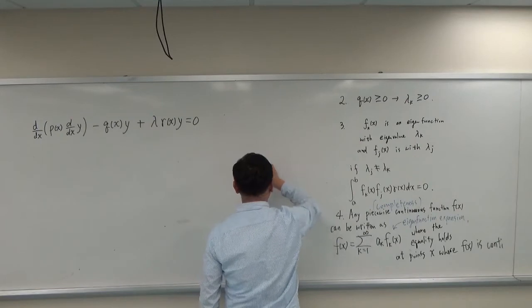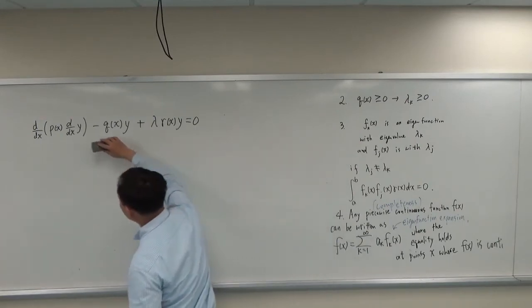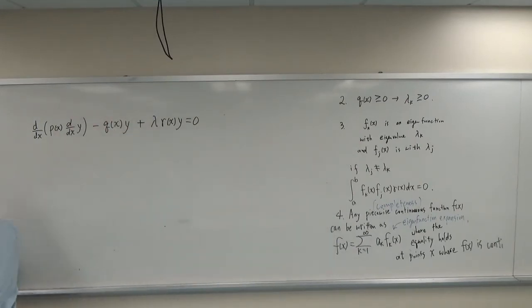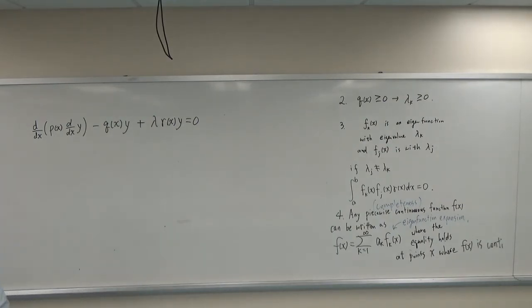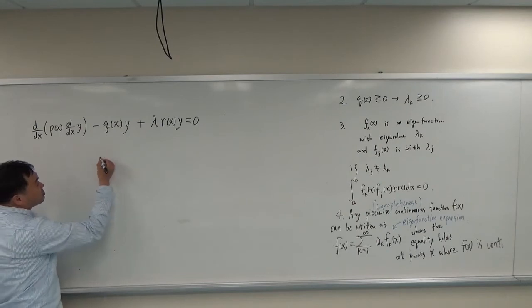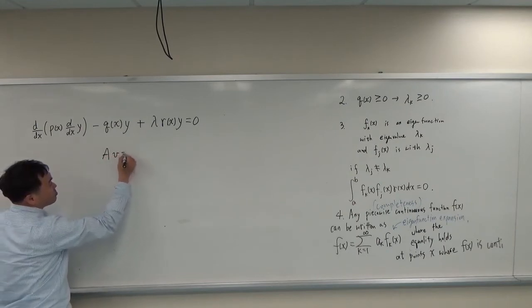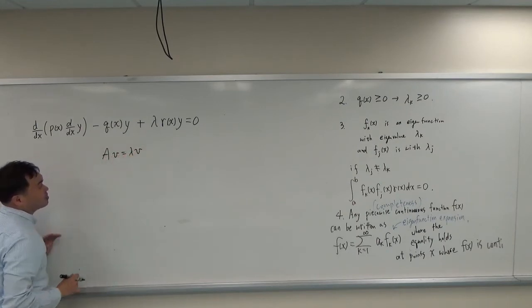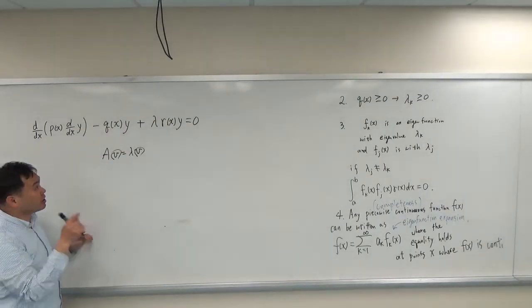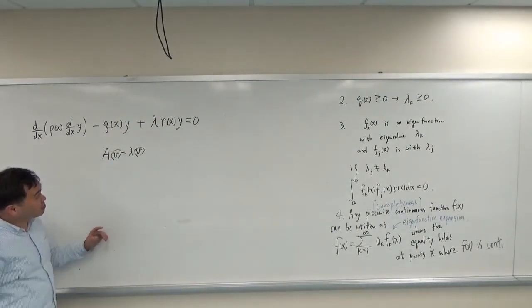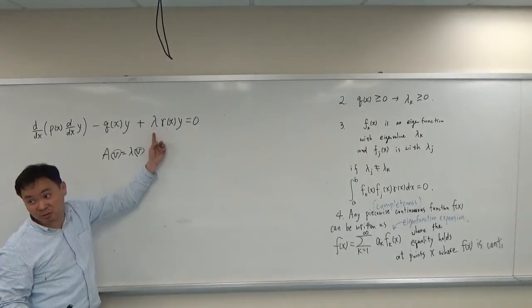If there's some operator here that's self-adjoint, then all the statements I made about general self-adjoint maps are going to work. Okay? So here's how you look at it. Remember that we want to think of this as A V equals lambda V, where V's are the solutions here. And it doesn't quite look like that because there's an R(x) in front of lambda, right?